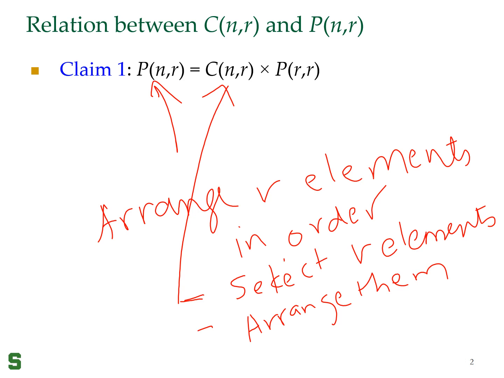Now once I select the elements, I can arrange them in different orders. Here I have only r elements to begin with because the selection has already been made. I have to put these r elements in any order that I like. That means this is P(r,r) because I have r objects and I need to arrange those r objects in some order.